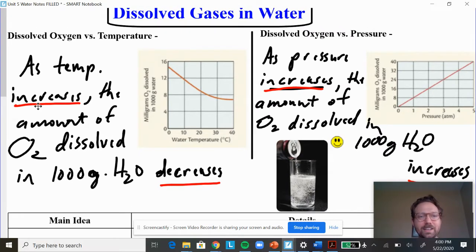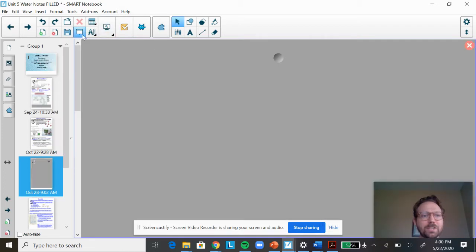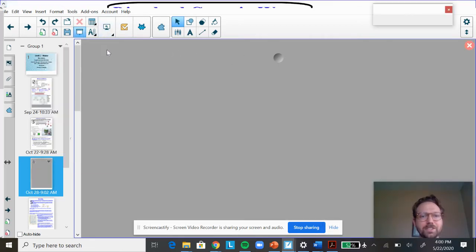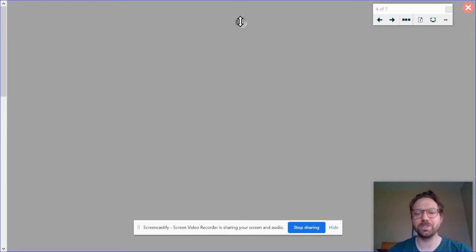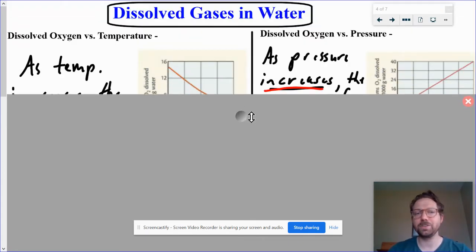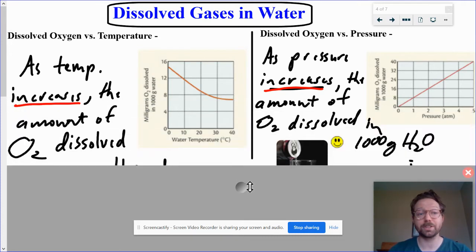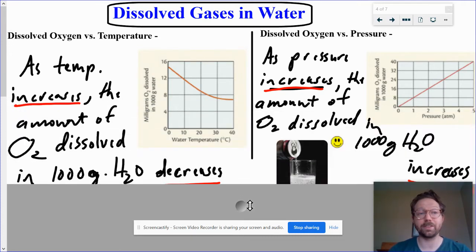The next part is dissolving gases in water. And this is not a particularly big section here. It's important to note that gases also dissolve in water, and certain variables affect them. So if you look at the graph on the left, the variable that we're looking at is temperature. How does temperature affect the amount of dissolved oxygen in water?